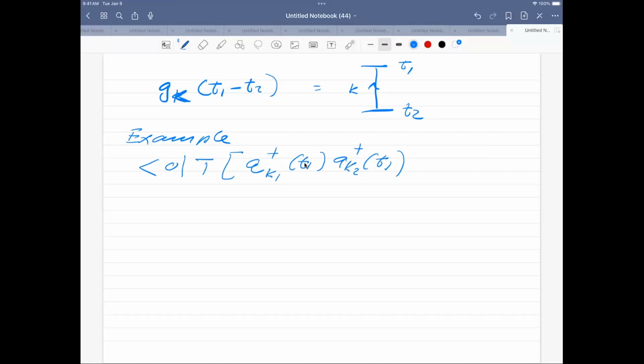So you could now think of the two things being created at the same time. And then this one would be a K3, and this has a T2, and then I have an A K4 at the time T2, and this is multiplied with a vacuum state. So this is something when I now set up the contractions, and I have assumed now that T1 is larger than T2.